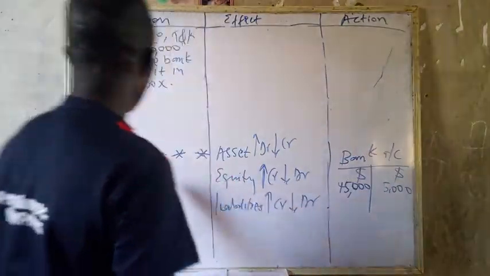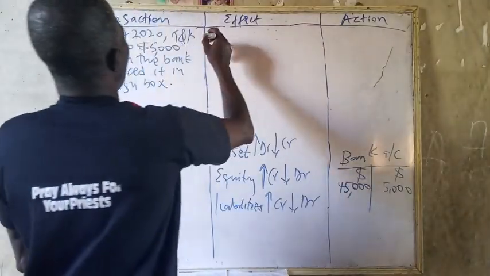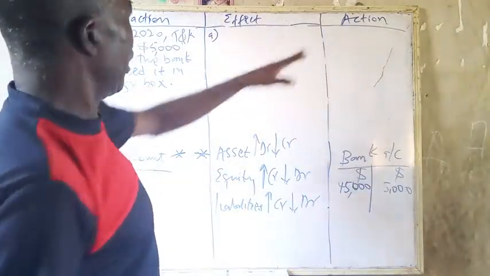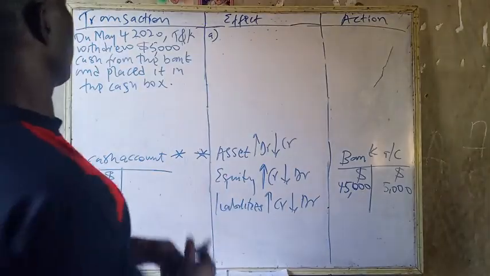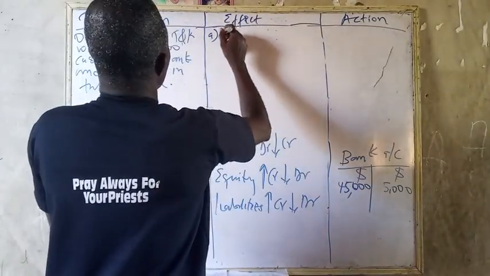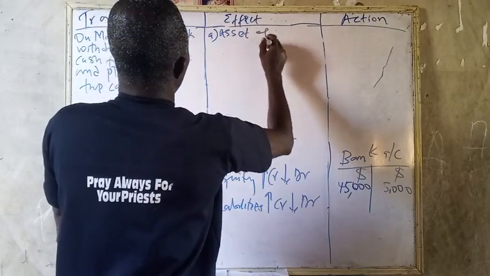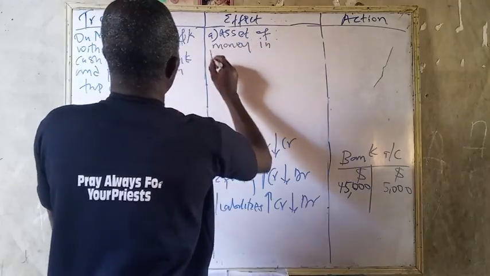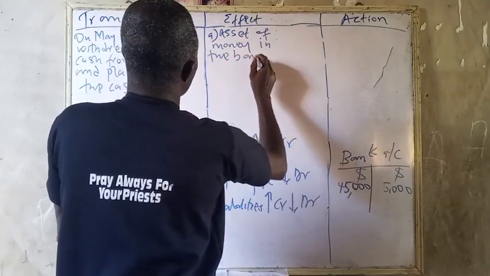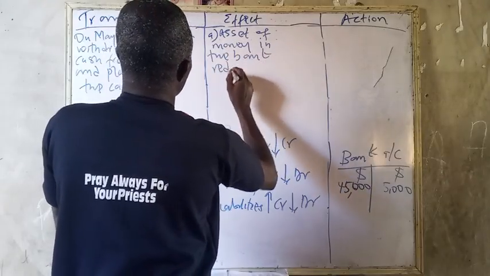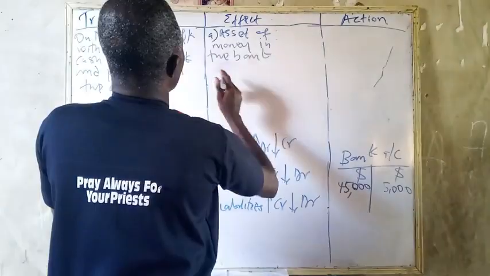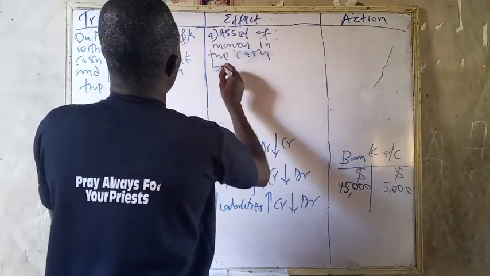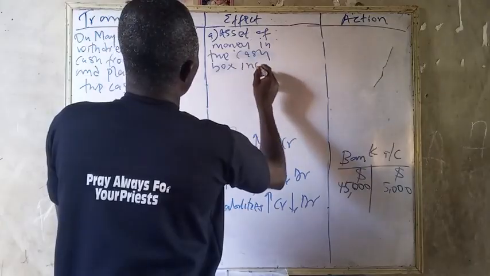Two accounts. So effect A: debit first, then credit. The asset of money in the cash box increased.